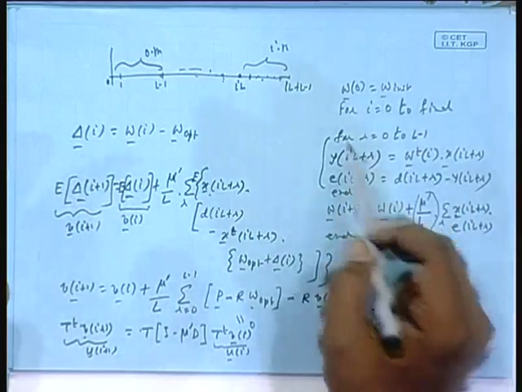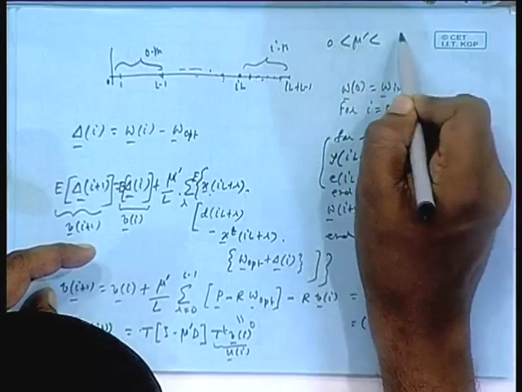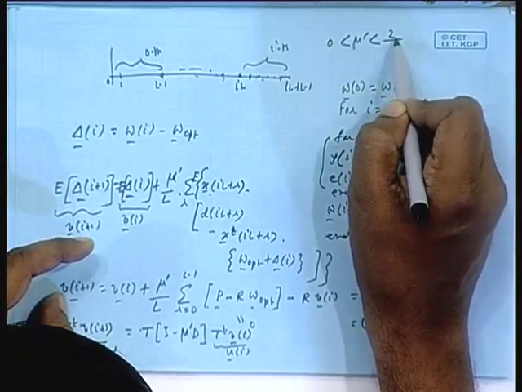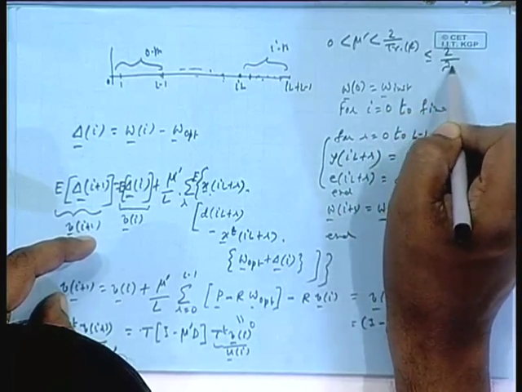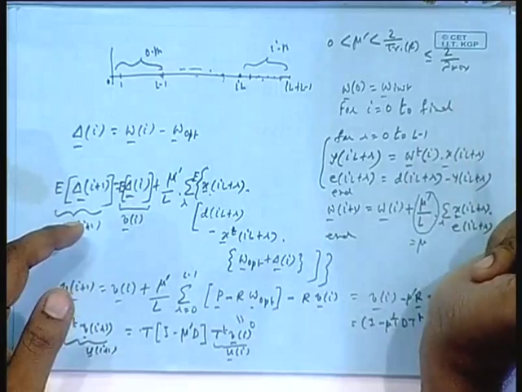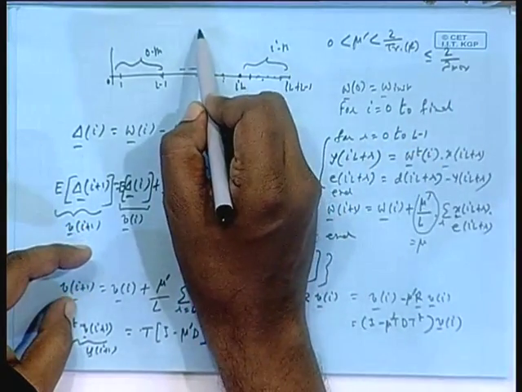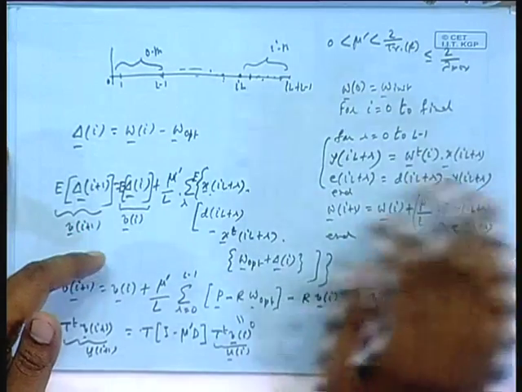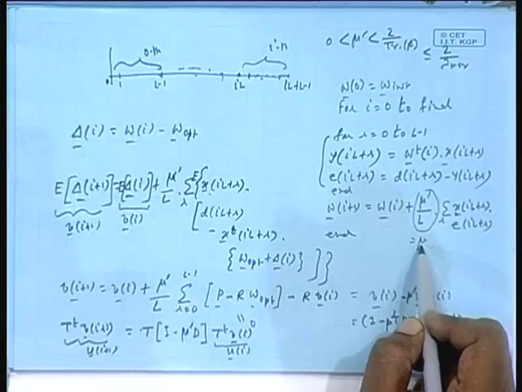So, in terms of mu, what will it be? Mu prime should be, if you can put it this way, 2 by trace R, which is less than or equal to 2 by lambda max. Now in terms of mu, because when you run the algorithm you do not write mu prime by L, you give it a name mu.